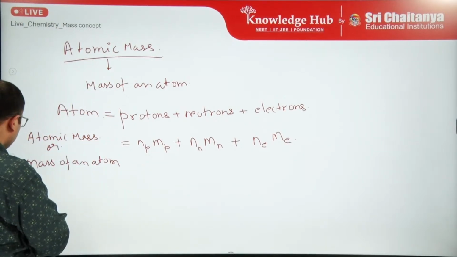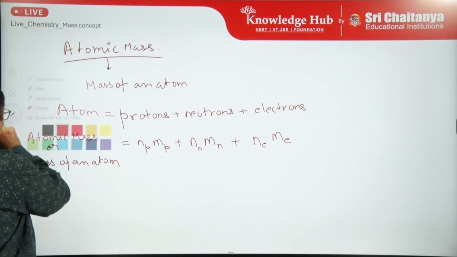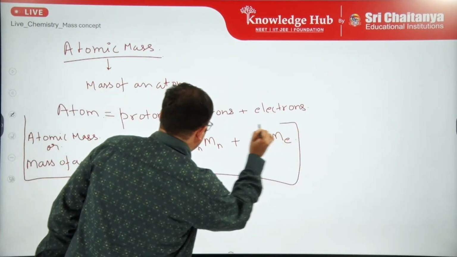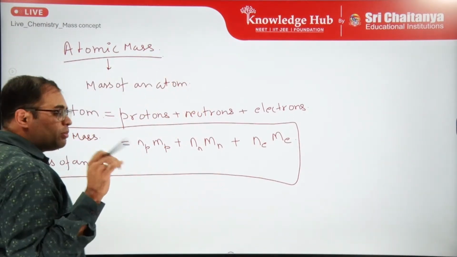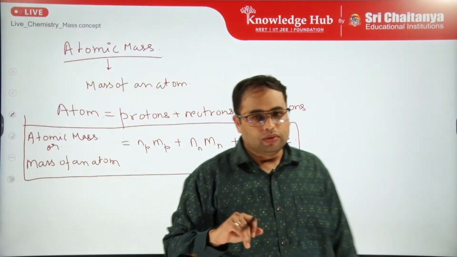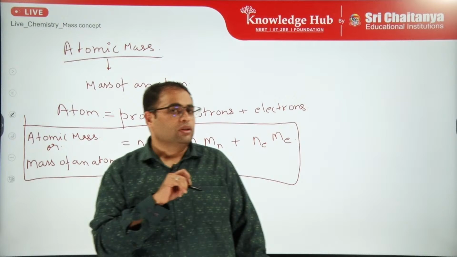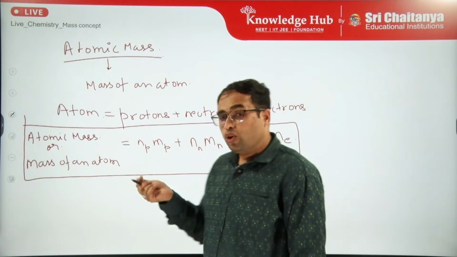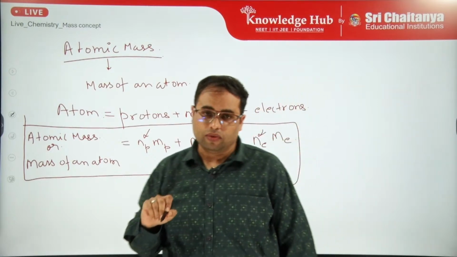So this is your mass of an atom. Now remember that no matter what atom you have, the mass of proton, mass of neutron and mass of electron will be the same for all the atoms, correct? The only difference will be these numbers.